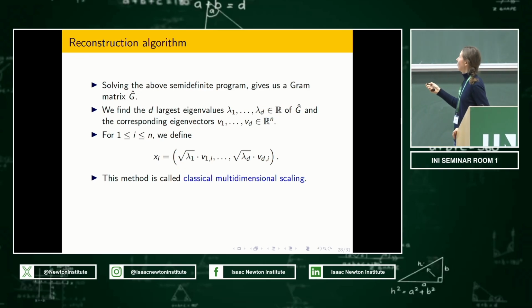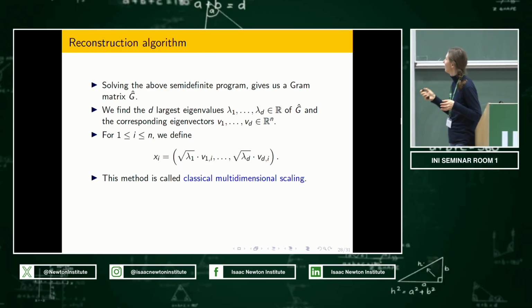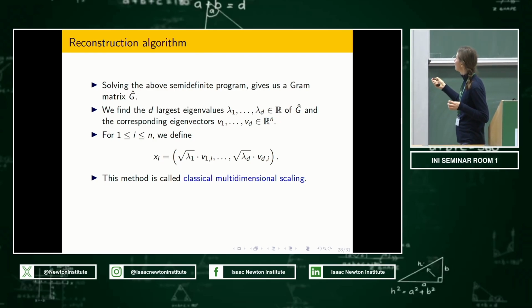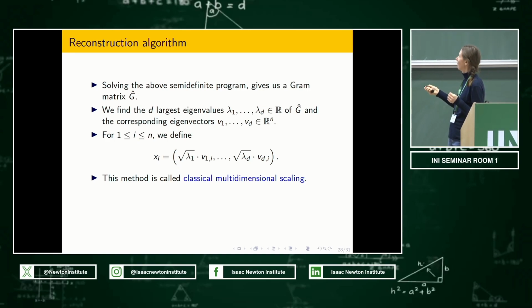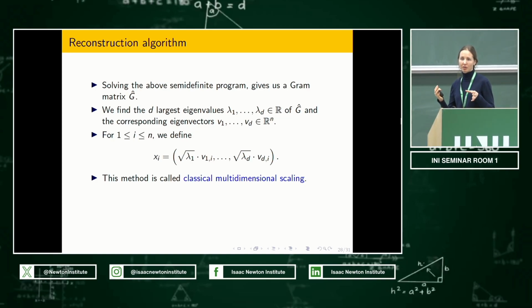And if G hat is a rank D matrix, then it actually is a Gram matrix of points in D-dimensional space, and we recover these points.